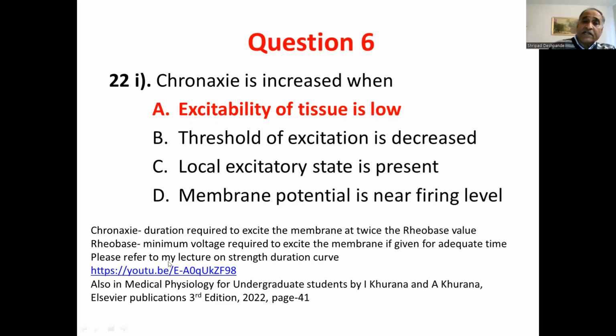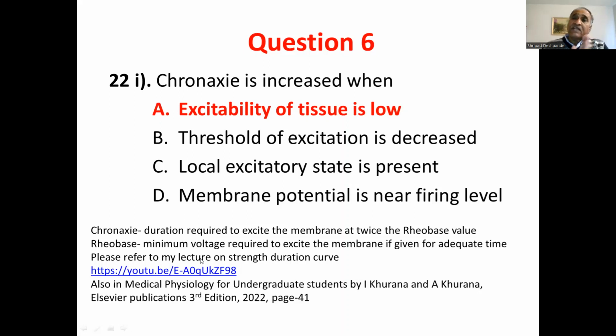What is rheobase? Rheobase is the minimum voltage required to excite the membrane if given adequate time. So chronaxie is the duration at twice the rheobase, and wherever it intersects the curve, that is taken, because there is a C-shaped curve.